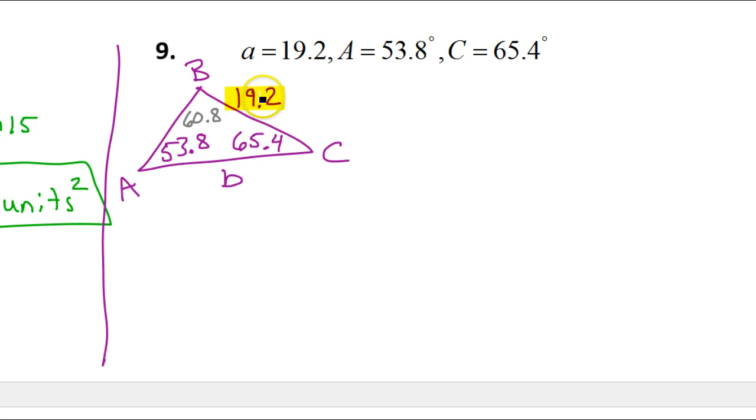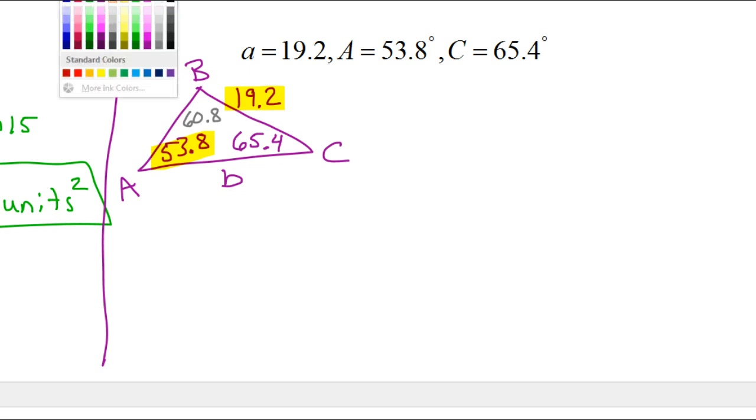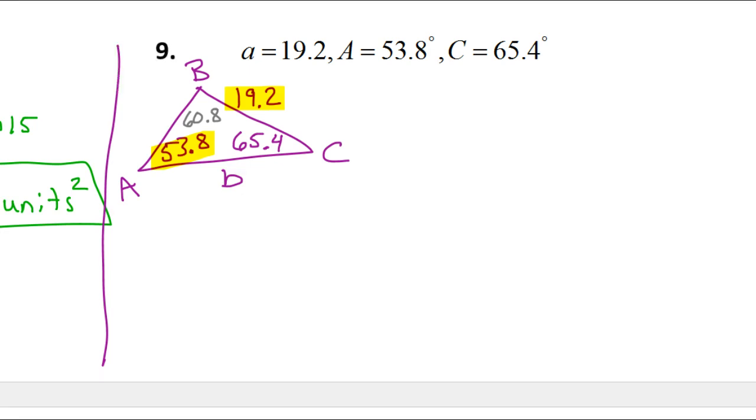So now I'm going to do the law of sines. Okay, I have this side and I have the opposite angle. So that's going to be where I start. So I know that the sine of 53.8 over 19.2 should equal the similar ratio with another angle side pair.